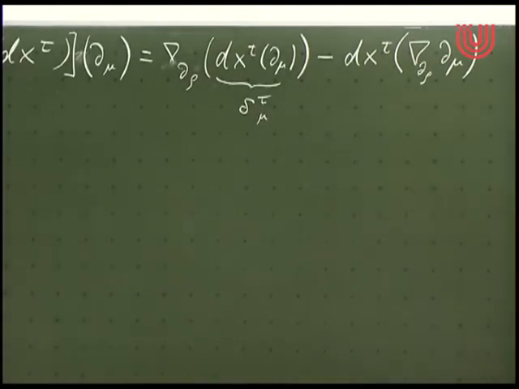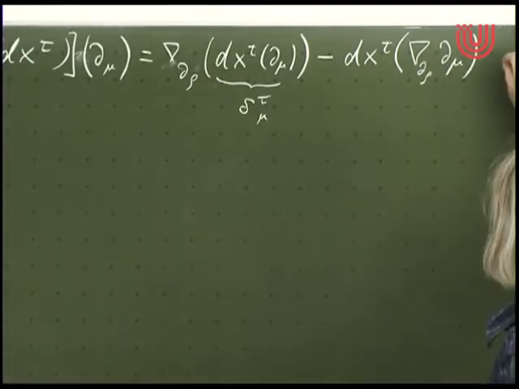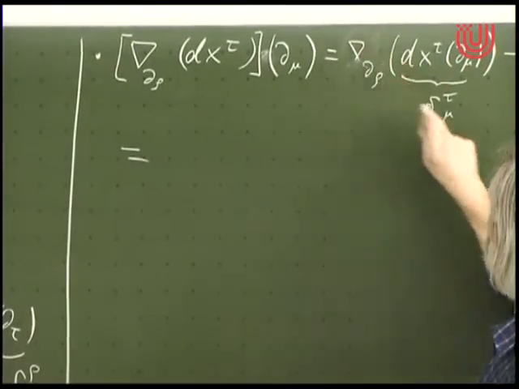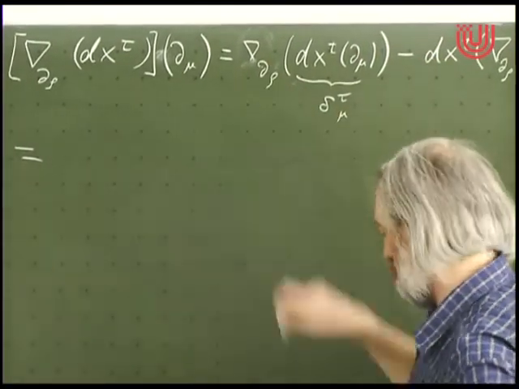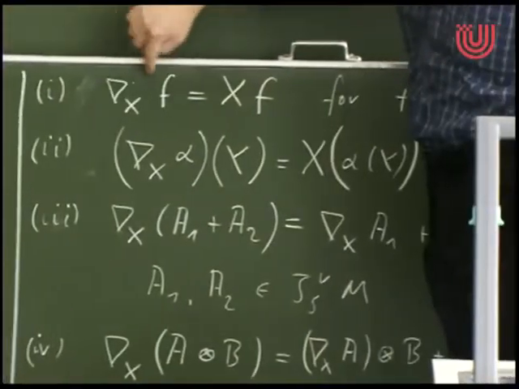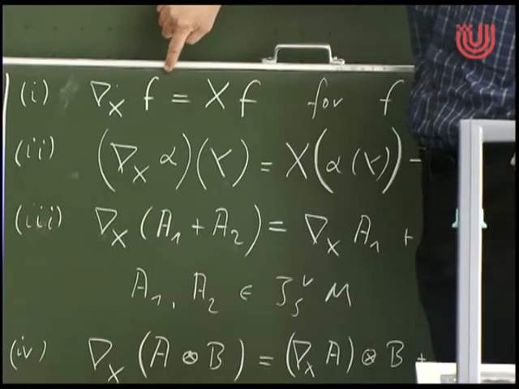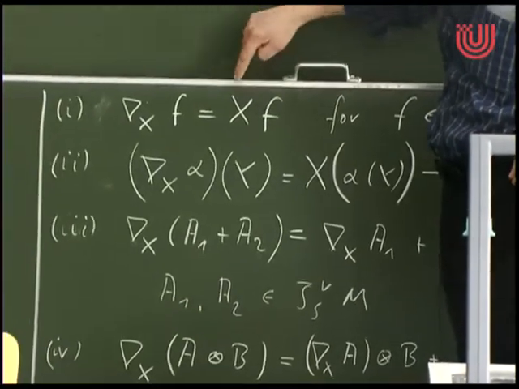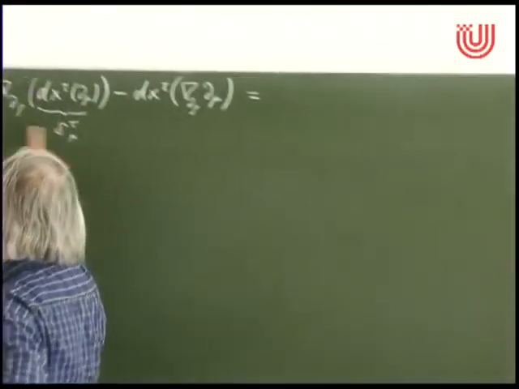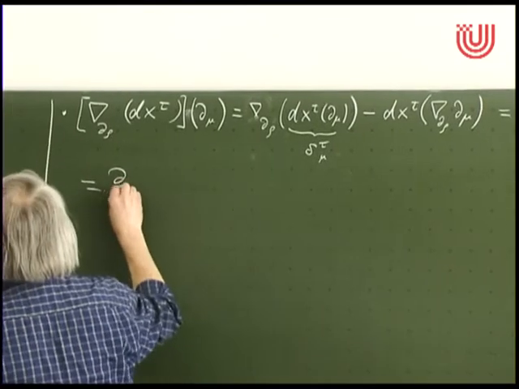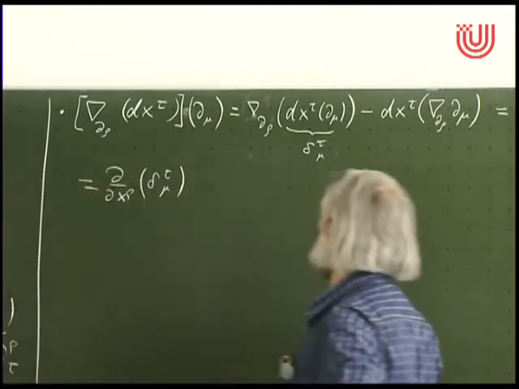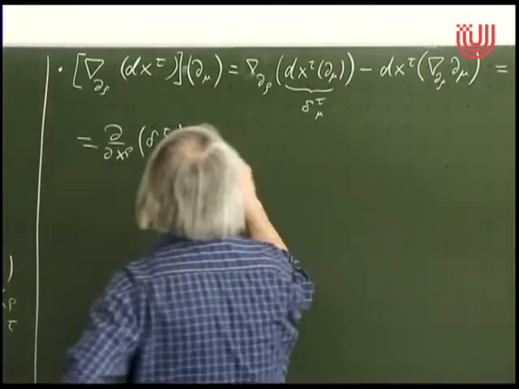So the derivative is of course 0. Maybe I should introduce an intermediary step to remind you: this operator acting on a scalar field is just the partial derivative. So this is this rule here. If I apply such an operator to a scalar field, then I just get the ordinary derivative acting on the function. So I can write this expression as d by dx rho applied to delta tau mu. And now it's obvious that it's 0, if I just differentiate something which is constant.